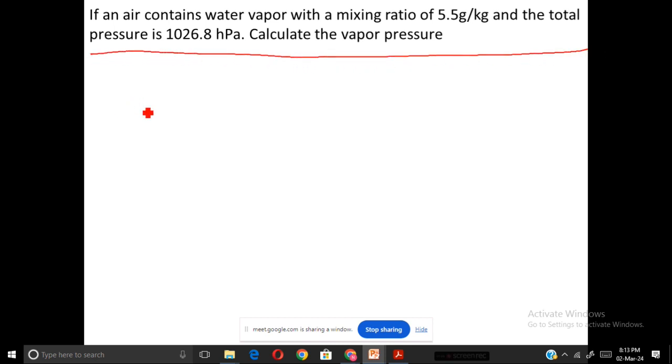Yeah. So another moisture parameter is basically relative humidity. So we learned mixing ratio, specific humidity, saturation vapor pressure, and now relative humidity. So relative humidity is basically the ratio of the actual mixing ratio to the saturation mixing ratio of the parcel into 100. It is generally expressed in percentage.